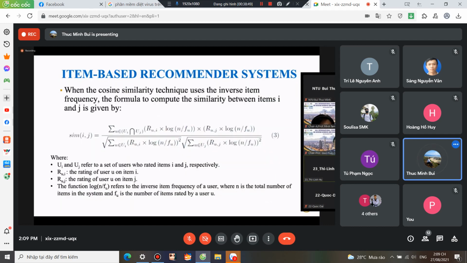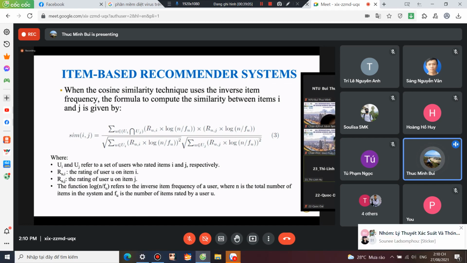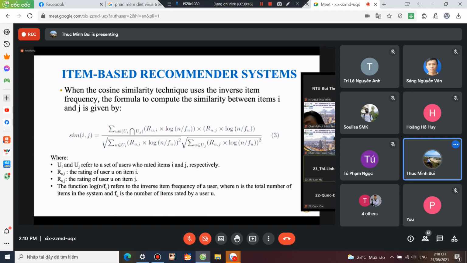When the cosine similarity technique uses the inverse item frequency, the formula to compute the similarity between items I and J is given by the formula on this slide, where UI and UJ refer to the sets of users who rated items I and J respectively.